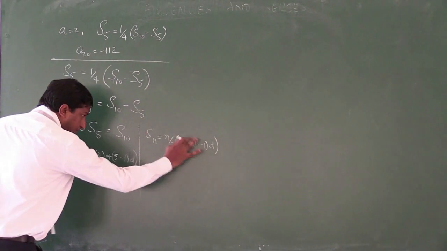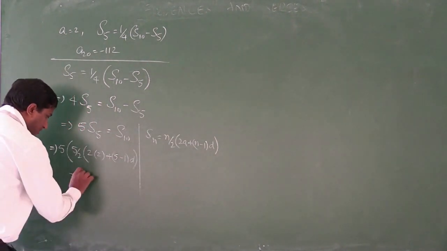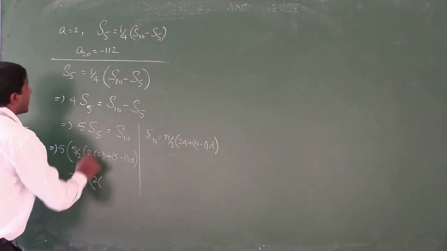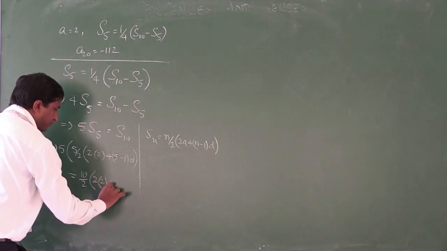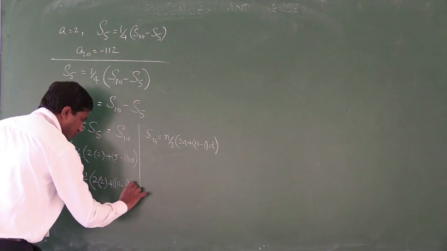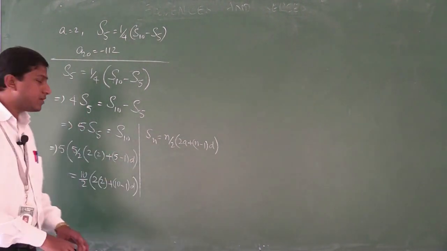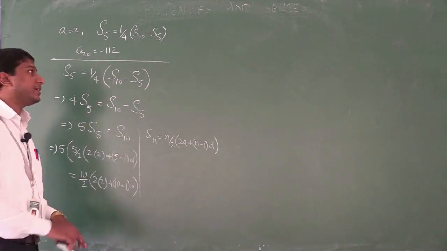Using the same formula Sn, we get 10 by 2 into 2A, A value is 2, plus 10 minus 1 into D. Since we have to find the value of D, I have written D as D.